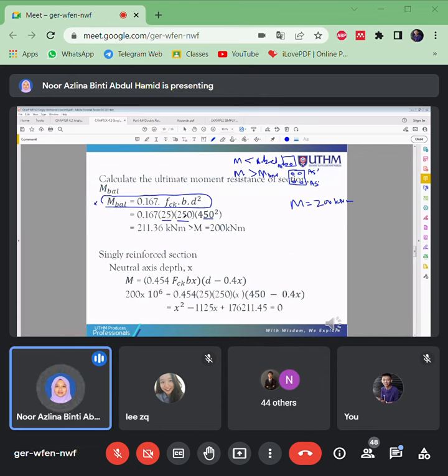So we get the M balance here as 211.36, which is more than the moment of 200. Once the moment of 200 is less than the moment balance, you have to design as singly reinforced.